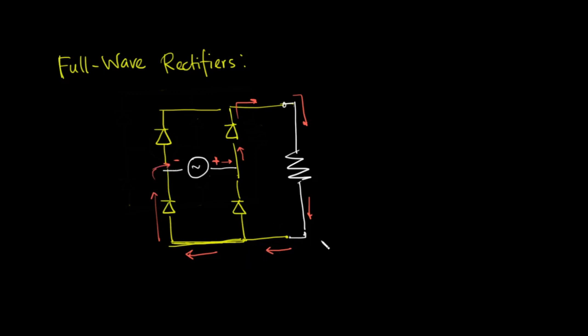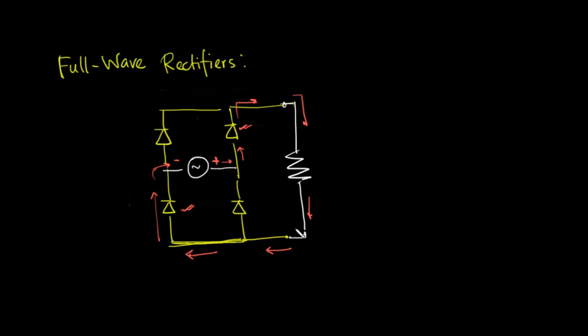Okay, so current flows in this loop. So how many diodes are turning on in the positive cycle? Well, there are 2 diodes that are turning on.